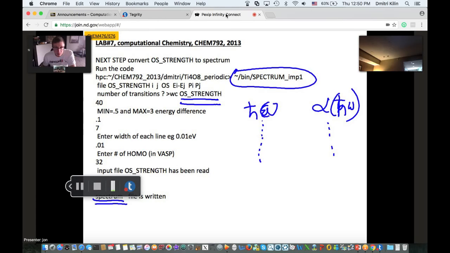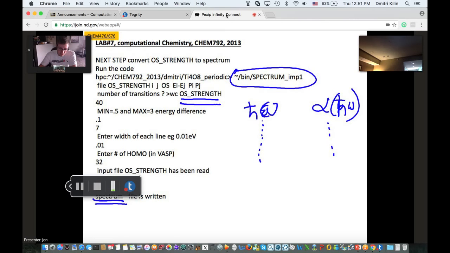There's another code located in the bin called spectrum_imp, and then there's a value. Here he has imp1. There are a couple different versions of it in the bin, so you can use whatever works for you. There are some variations for generating spin polarized calculations and whatnot, but you can find one that works for you.